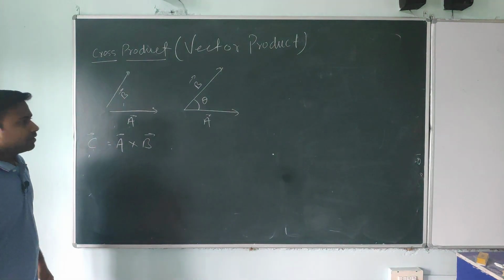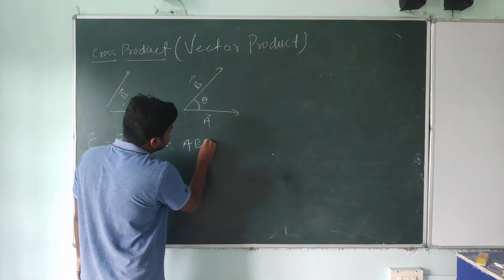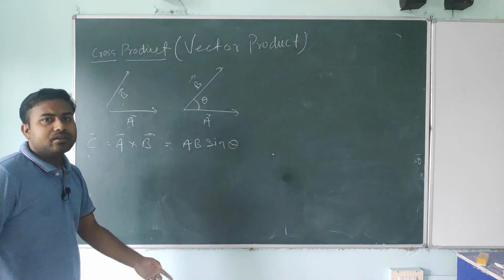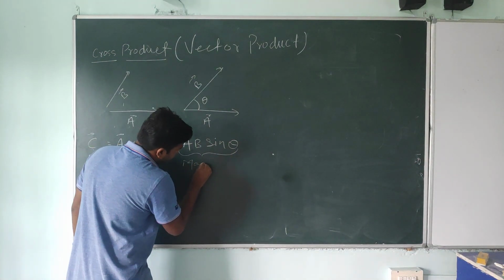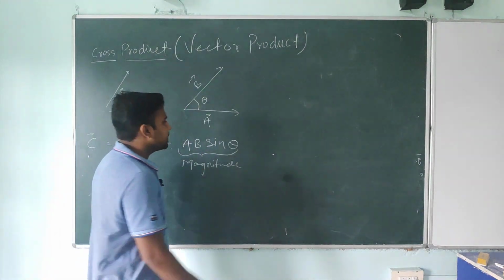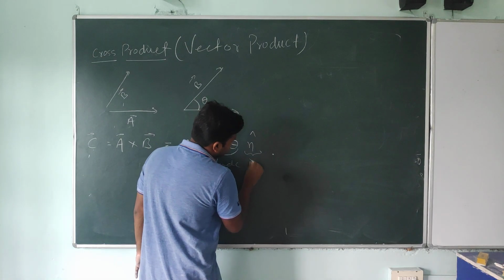Now, what will you get? This one is AB sin theta, but this is the magnitude part. Where is the direction? The direction is here, n cap.